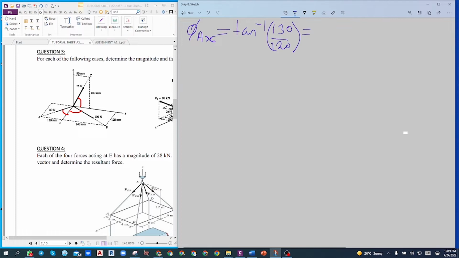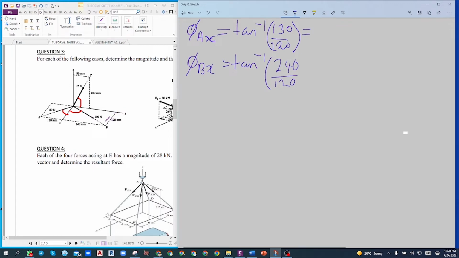Okay. And then phi B, also originating from the x. This will be tan inverse of 240 over 120. The 120 is this distance here, okay.